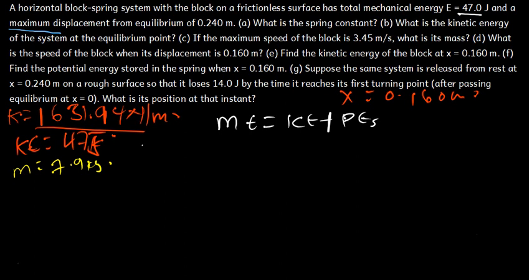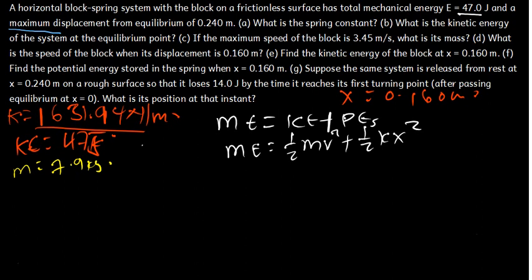So we are going to write the formula half mv squared plus half kx squared.